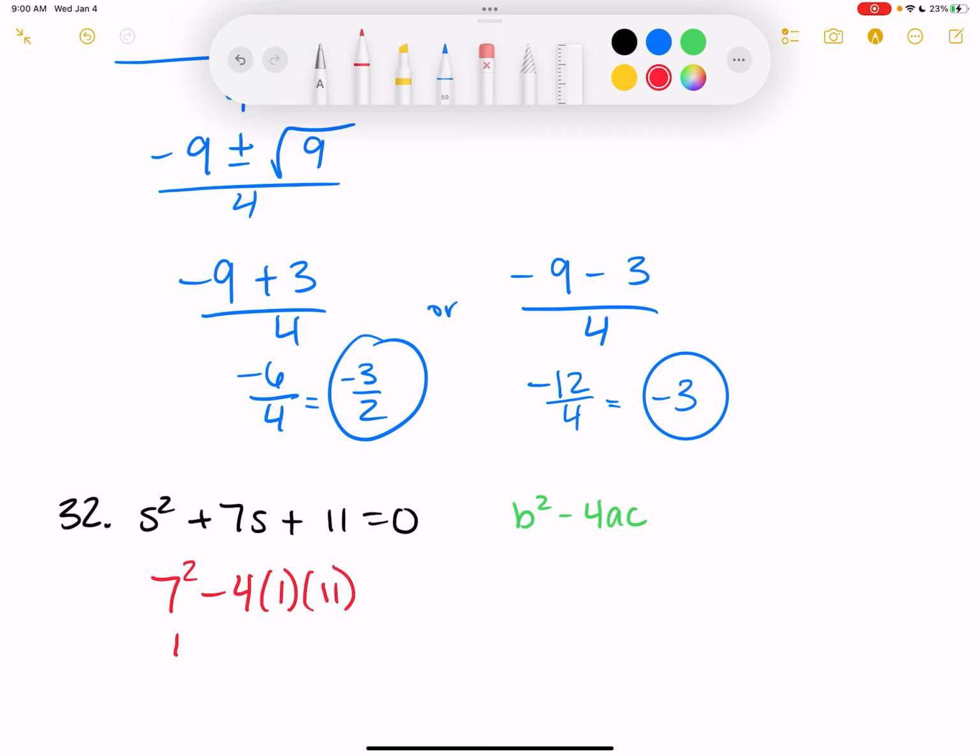So that's 49 minus 44, which is 5. That's greater than 0. So what does that mean? How many solutions do I have? 2. What kind? Is it x intercept? No, I asked what kind of solutions they are. The numbers. Imaginary. Real. 2 real solutions.